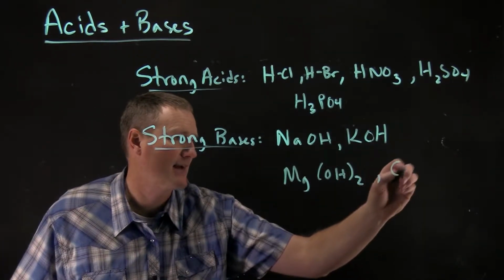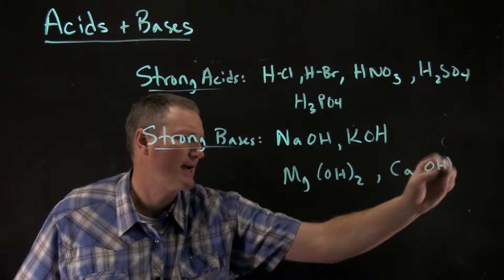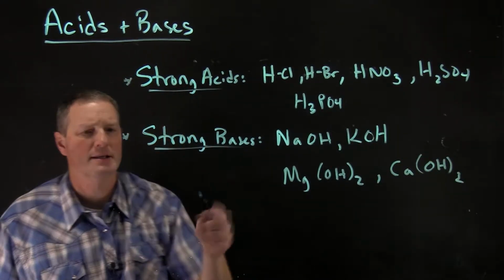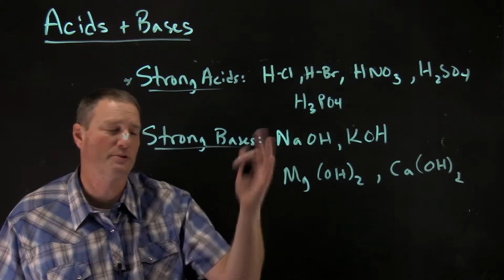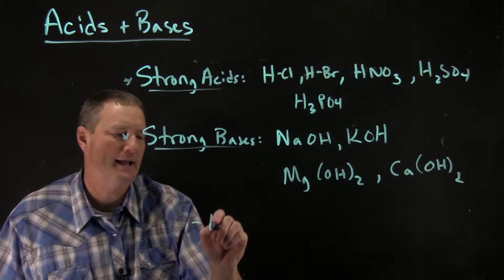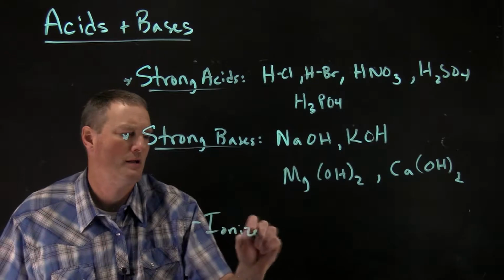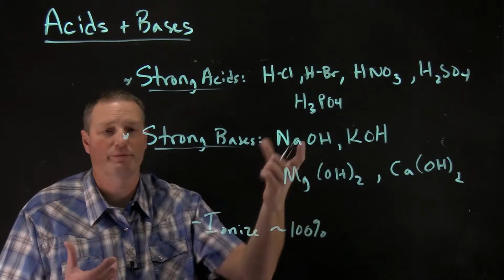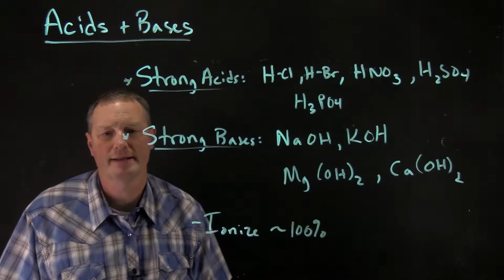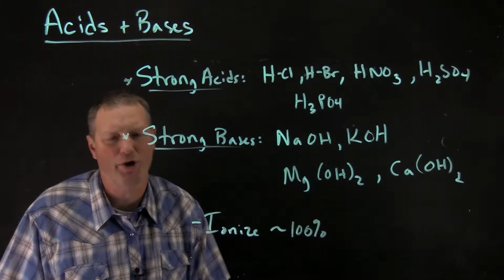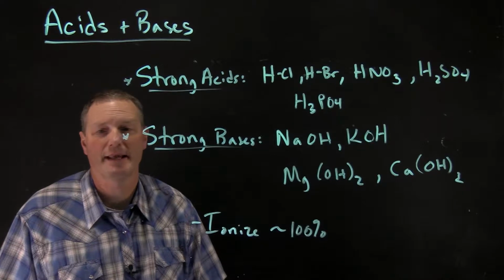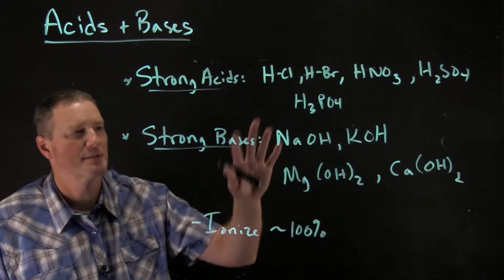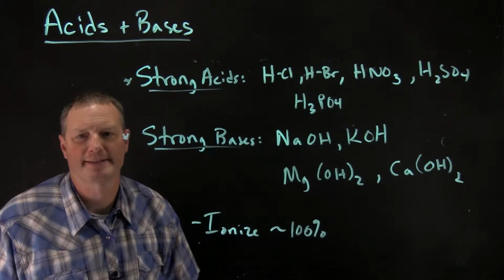Another one that's like that is calcium hydroxide. When we define strong acid and strong base, what we're essentially saying is that when these are put into water, they ionize approximately 100%. So they will break apart into their ions almost all the time. We'll see a little later that there are examples of weak acids and bases, but this is just a simple list of some strong acids and bases.